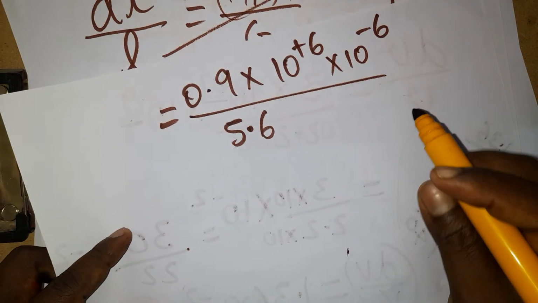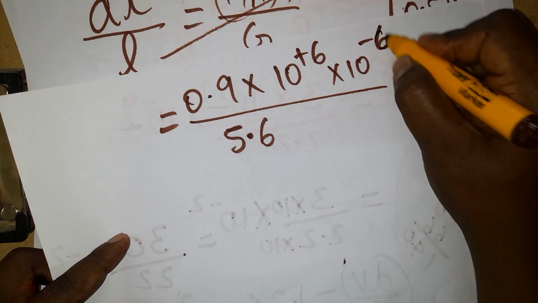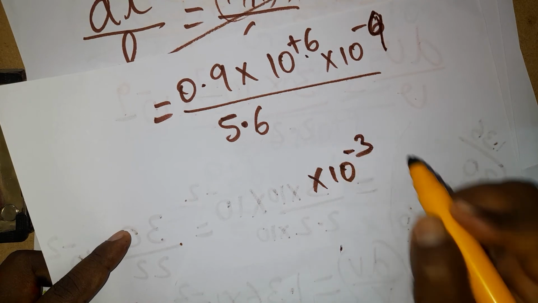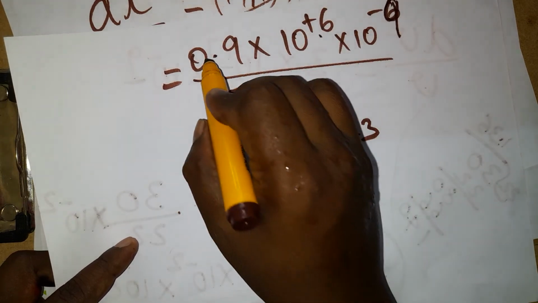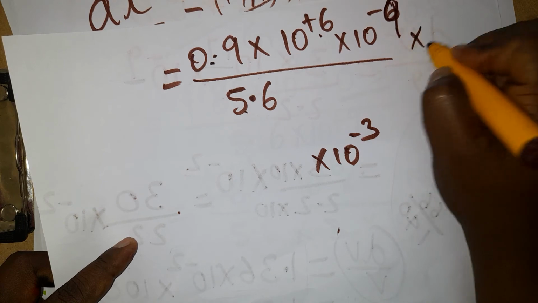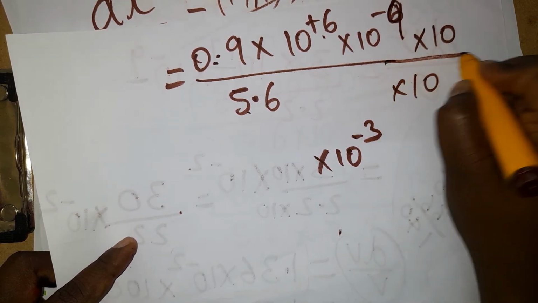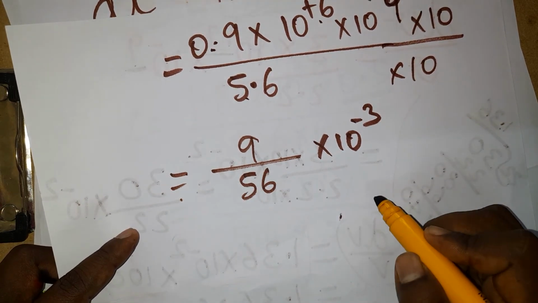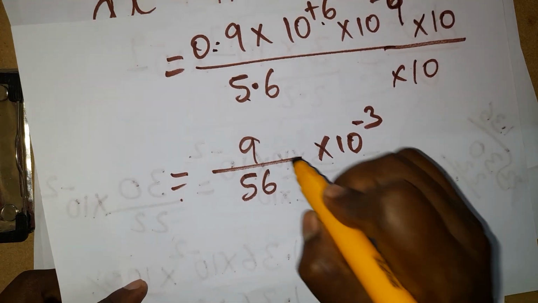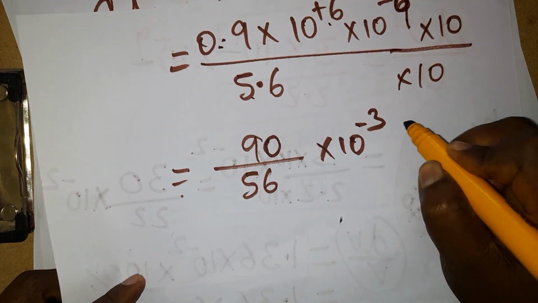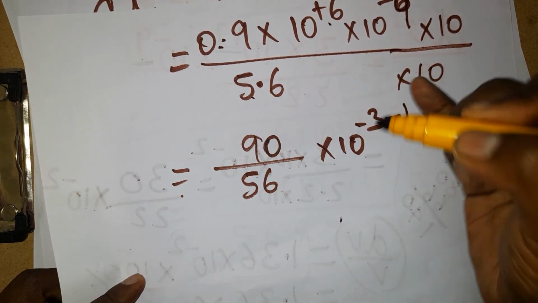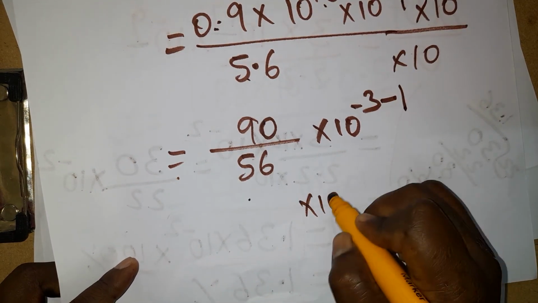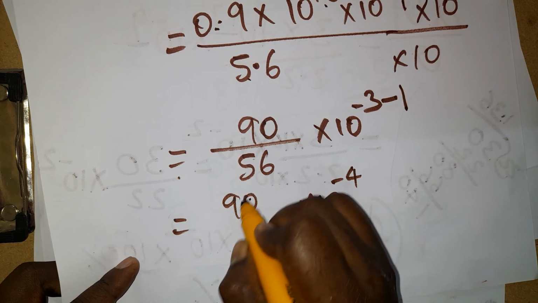Now I want to make it a round number. Plus 6 minus 9 will give 10 power minus 3. Next, 0.9 by 5.6, numerator and denominator you can multiply by 10. This will become 9, this will become 56. Now you can make it a simple calculation, just as I increased one power here, you can increase one here. 10 power minus 4 is equal to 90 divided by 56.